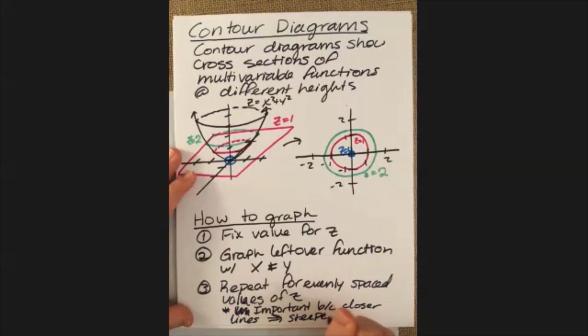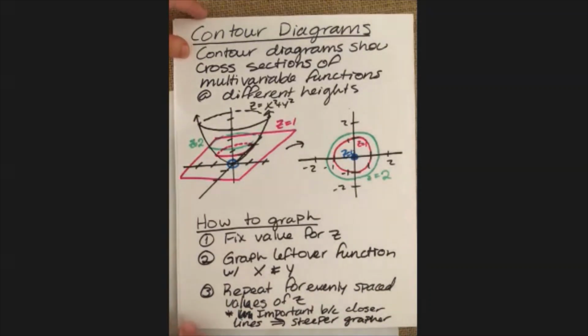You can only say that closer lines imply a steeper graph if you know that the values of z being used are evenly spaced. So be careful with that.